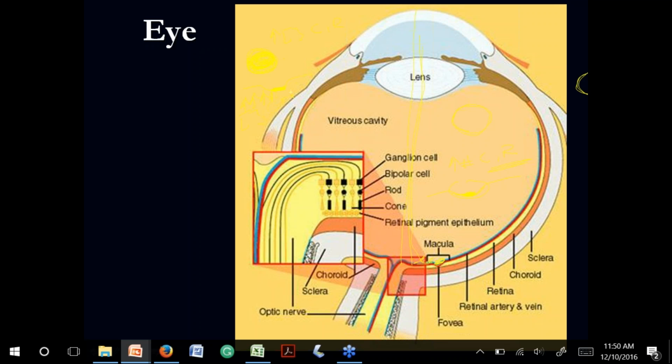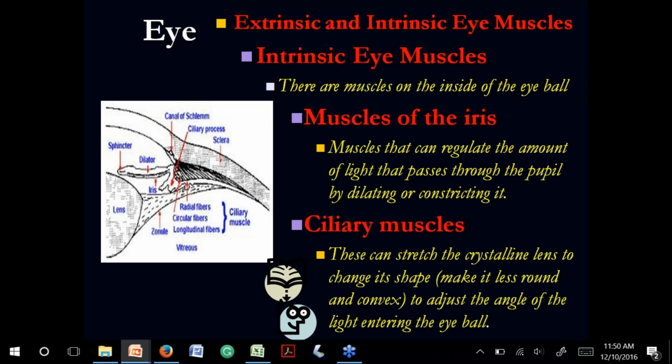As you go deeper, here we have cones and rods, but here is where it's going to be the highest concentration. Even more, in the center of this indentation is where we have the highest concentration of rods.